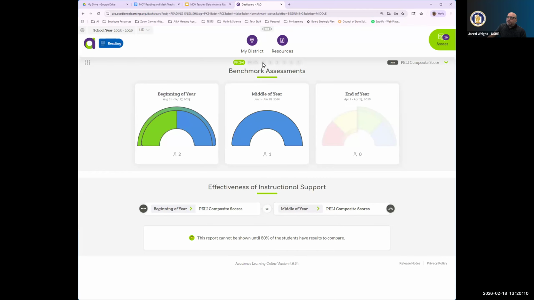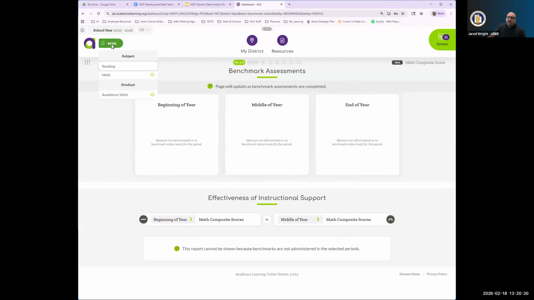So if you're new to ALO, you'll come to a dashboard when you log in. It probably would look different since this is a demo site that I'm using, but it will have the grade levels, and then in the top left corner is reading, and that's where you can change to math depending on the data that you want to see.